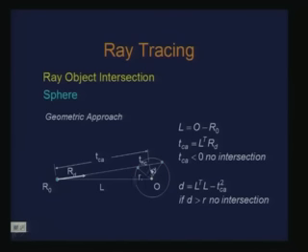How about d? d is nothing but L square minus t_ca square. t_ca I have already computed, and L is L transpose L. So, I can compute d.